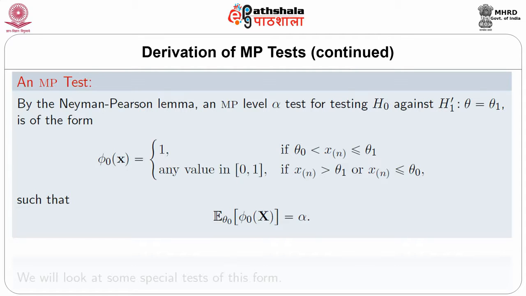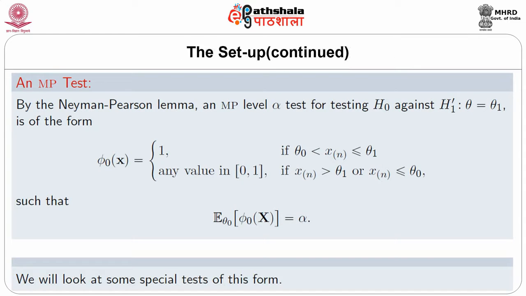So, we can take any value between 0 and 1 such that the expected value of phi naught under theta naught is alpha, that is, the size of the test is alpha. So, we can find a most powerful test at level alpha for testing h naught theta equal to theta naught against h 1 prime theta equal to theta 1. And we will look at some special tests.